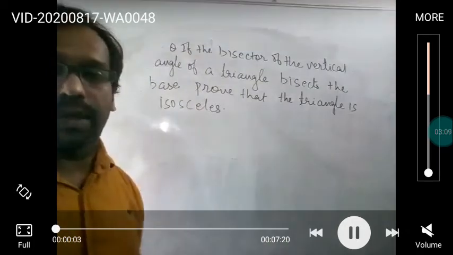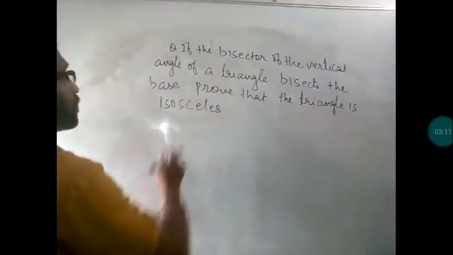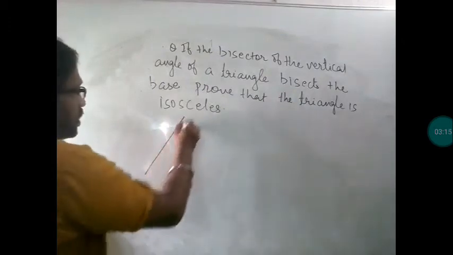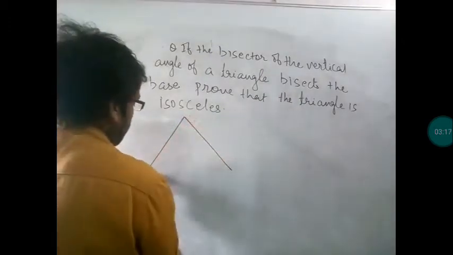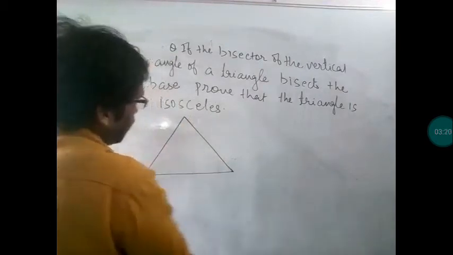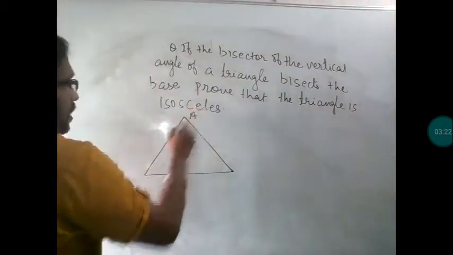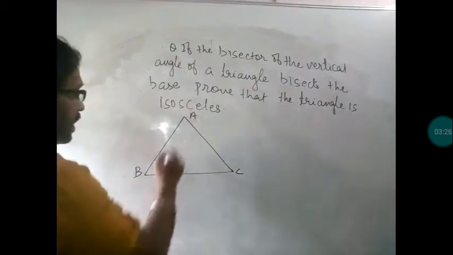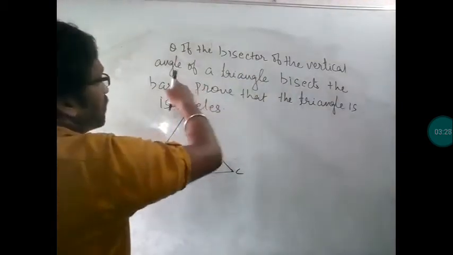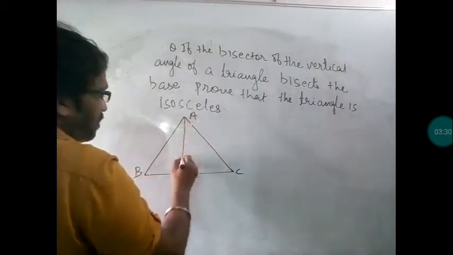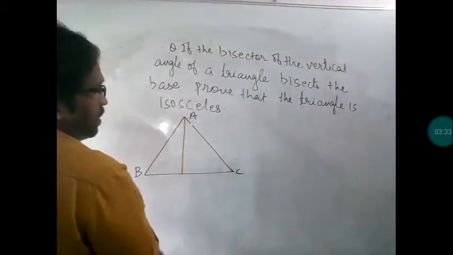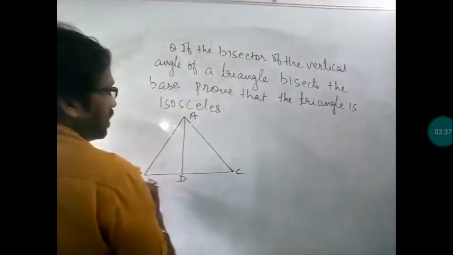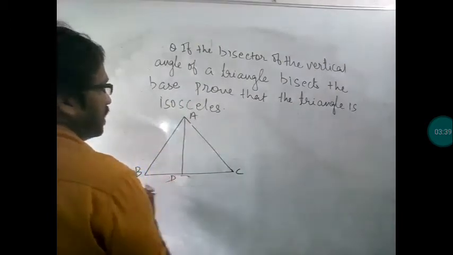So we will first draw. Okay, what is given here? Given is one triangle only. In that triangle they have given that one line is there, that is AD, that bisects the vertical angle, and AD also bisects the base.